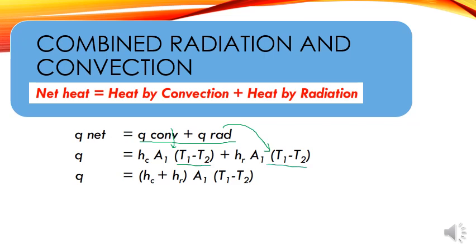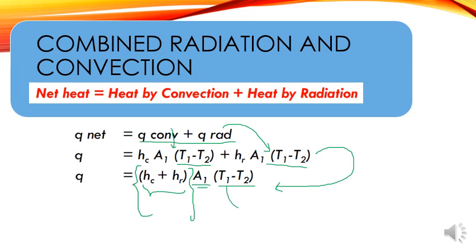So therefore, we can rewrite or rephrase the equation into this form, where the terms here are put together like this, and the HC and HR are placed like this, and the area involved is the area of the surface or object. And if you notice here, we have A1 and T1.